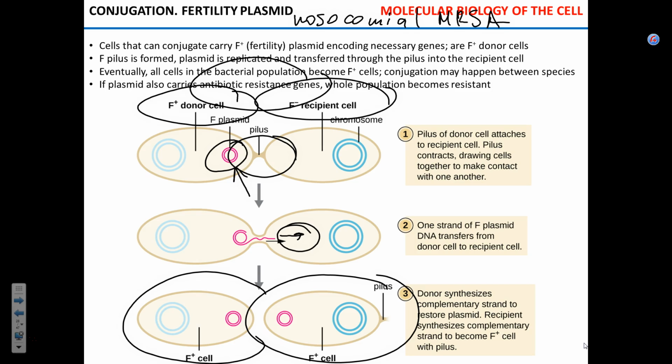And if that resistance gene is on the plasmid, and if it's a fertility plasmid, that trait, the resistance, will spread through the population. Now you have MRSA that can be everywhere. Maybe your family doctor also practices once a week in a hospital. Your doctor can bring MRSA into the office inadvertently.